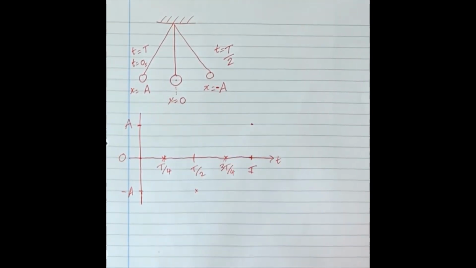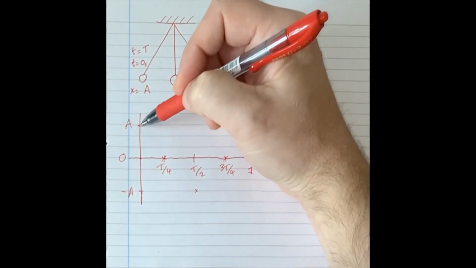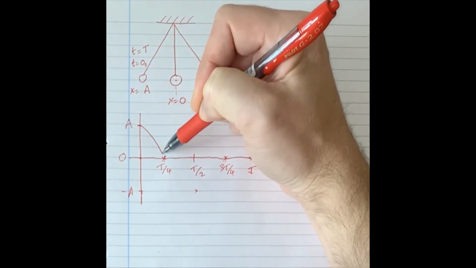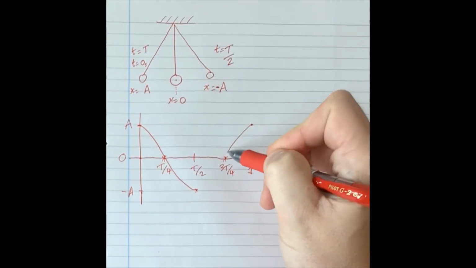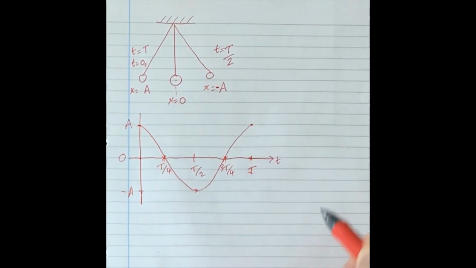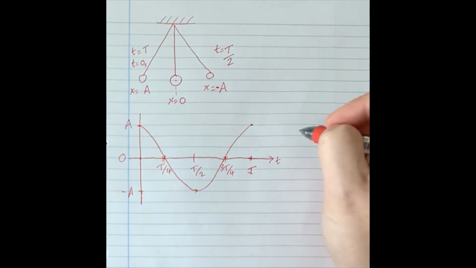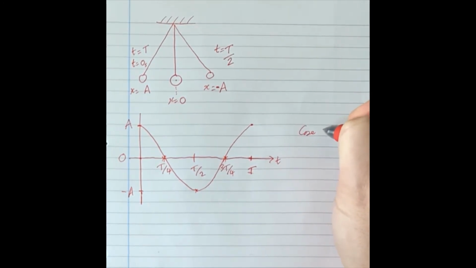It's going to be at 0 displacement. And then, if I join these up, try my best, we should have this shape curve, and this is actually cosine.